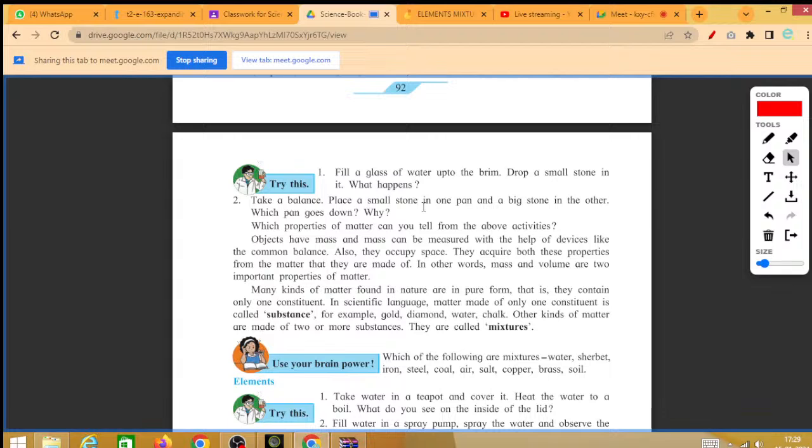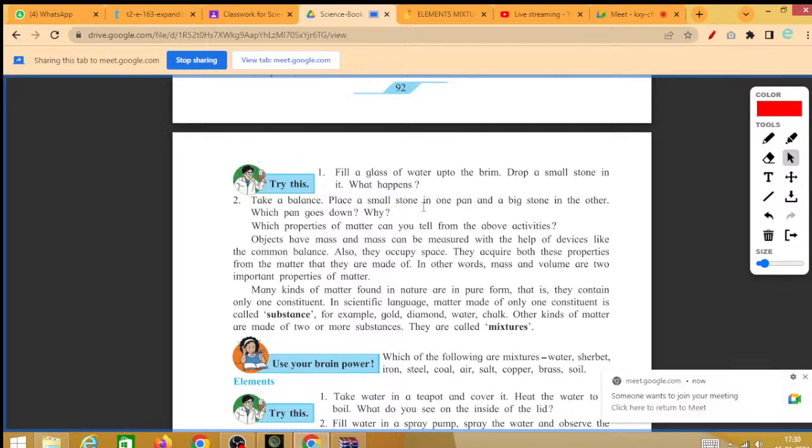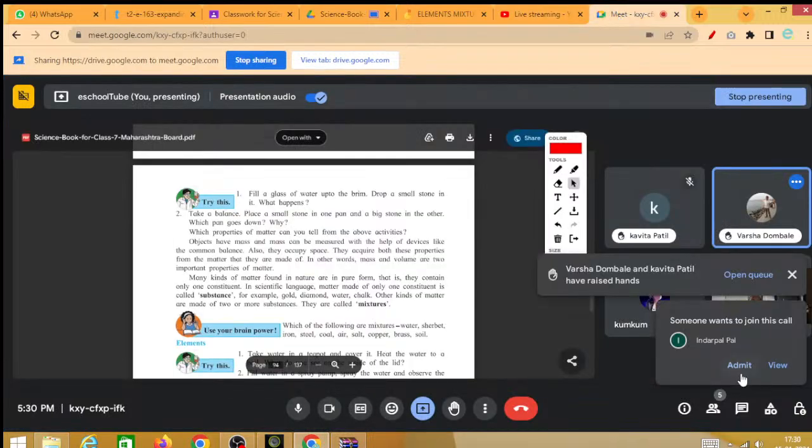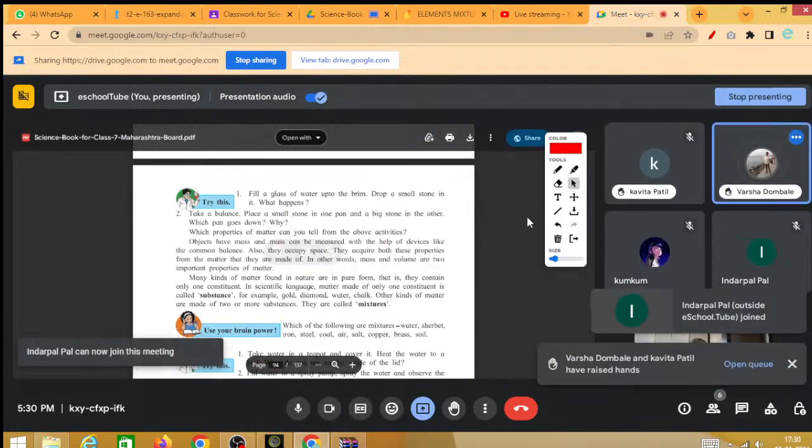Space, which is what? Volume. Yes, ma'am. And solid. Liquid. Those are the types of matter, but properties. So they have mass. And they have weight. And they have space. They occupy space. And what else?